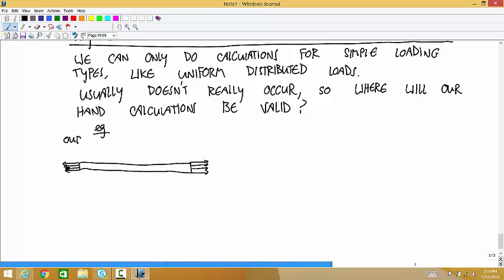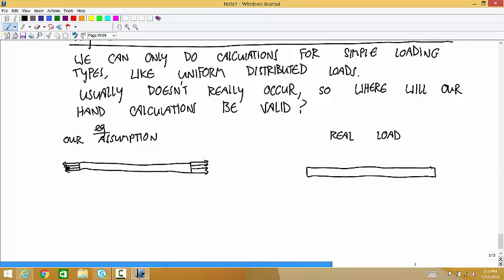This is our assumption. The real load might be something like this. You have that same material, but you're basically applying a point load at the ends. When are these equivalent?